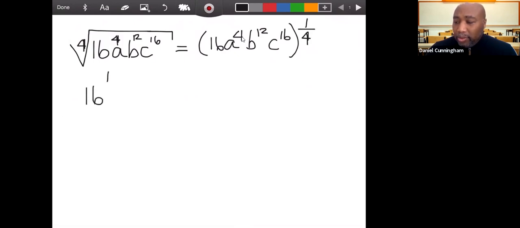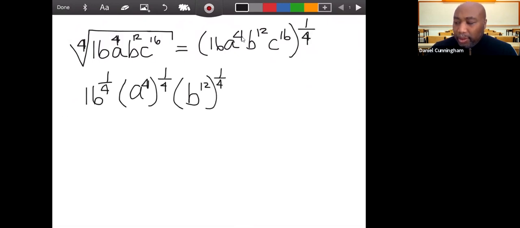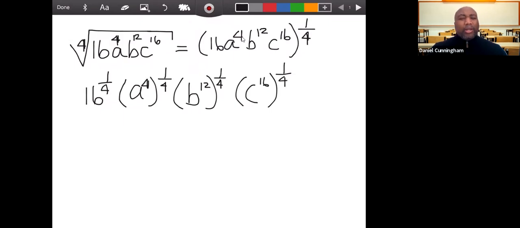That's 16 to the 1/4, A to the 4th to the 1/4, B to the 12th to the 1/4, and C to the 16th to the 1/4. Do those individually. 16 to the 1/4 is, if I'm not mistaken, 2 times 2 times 2 times 2. I think 2 will work there.